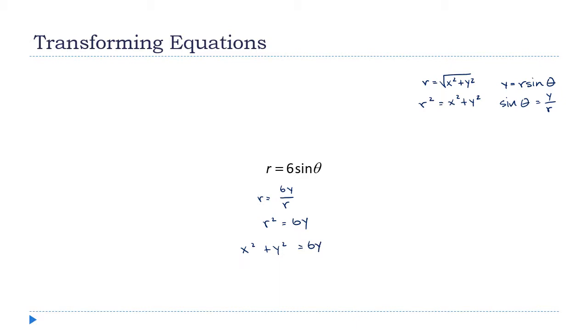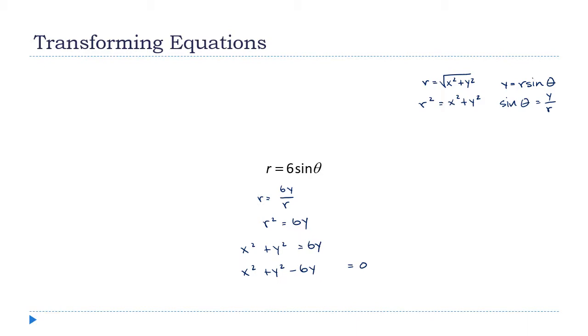Now let's clean this up just a little bit. Let's move the 6y over. x squared plus y squared minus 6y equals 0. Leave a little space here, I'm going to do something to this in a second. And hopefully you remember what that is. In rectangular coordinates, that's the equation of a circle.